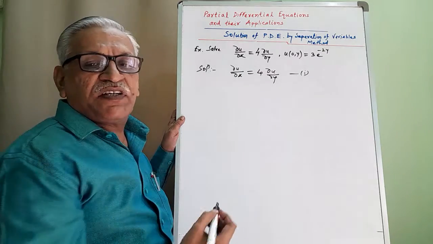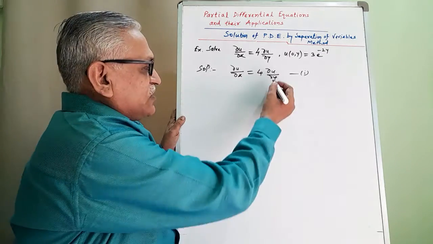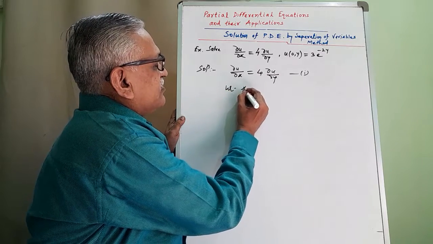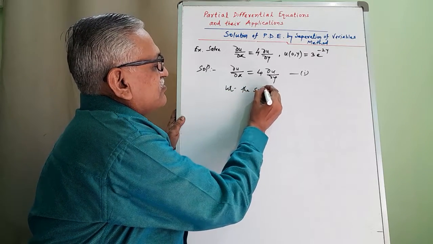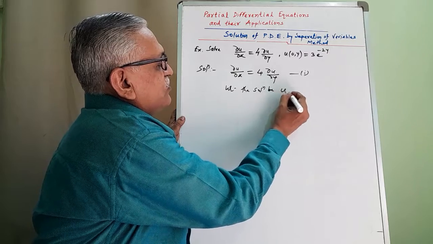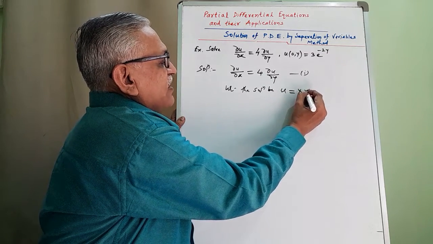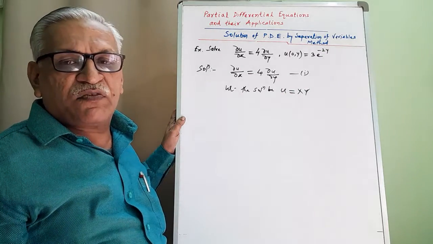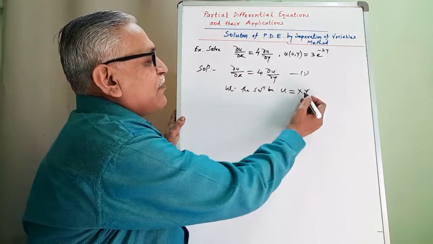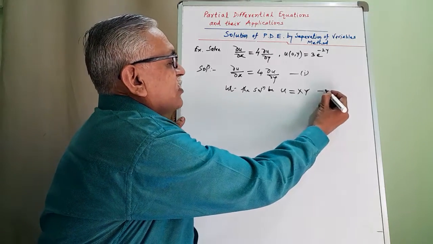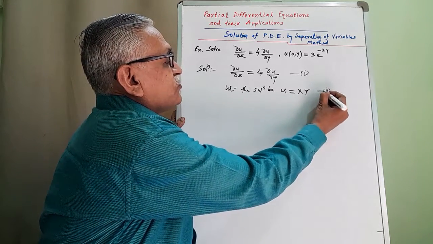As u is differentiated with respect to x and with respect to y, let the solution be u = X·Y, where capital X is a function of small x and capital Y is a function of small y. We call this equation 2.